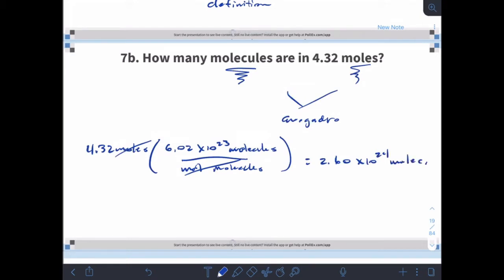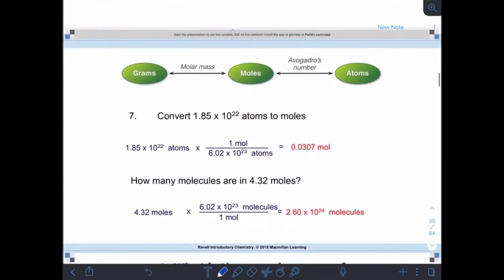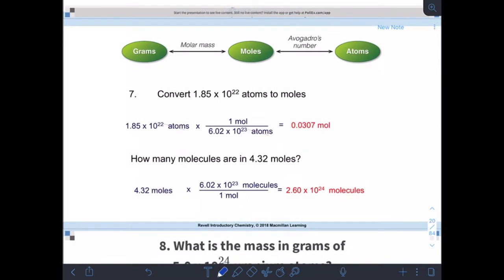And I'm going to abbreviate that because I'm running out of room there. All right, so checking our work here, we got 0.0307 moles for our answer to 7a, and 7b, 2.6 times 10 to the 24 molecules.